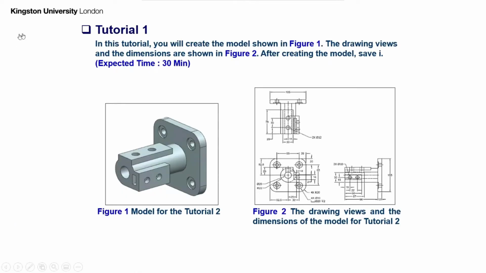In the first tutorial, hopefully you remember that we were doing something similar in Siemens NX, and now we're going to try it using SolidWorks. In order to do that, I have to start from a base first, because that would be the easier option. So I can make that part of the model, which I have the information for. I'm going to make this technical drawing bigger, so hopefully it would be easier for you to read.